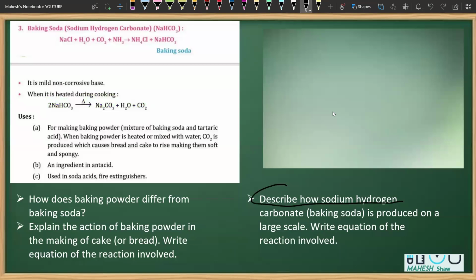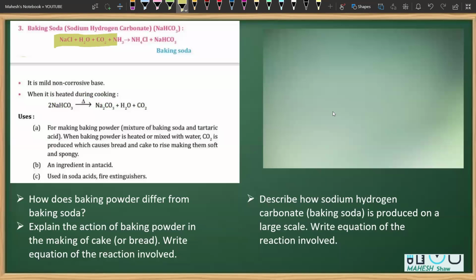Then we have one more question. Describe how sodium hydrogen carbonate, baking soda, is produced on a large scale. This is not a part of the class 10th syllabus, so you may skip these questions. But you can remember the one which is used in the lab to produce it.